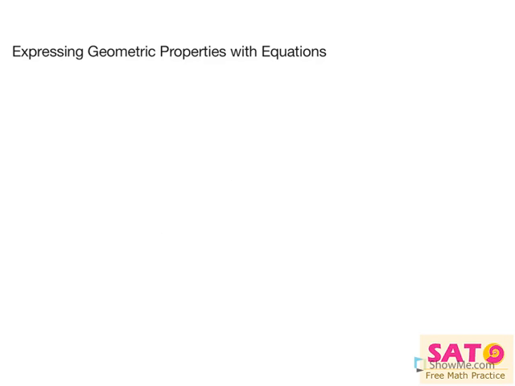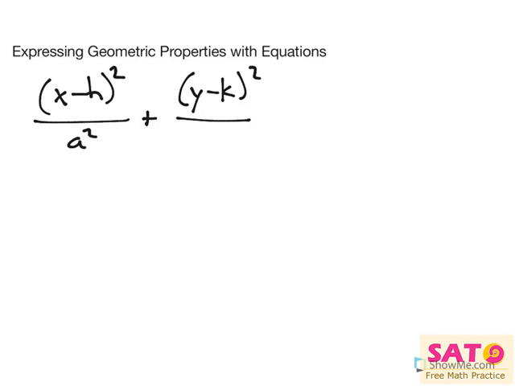Some equations you'll have to know are the equations for ellipses, which is (x minus h) squared over a squared plus (y minus k) squared over b squared equals 1. And this is for an ellipse, which looks kind of like an oval.